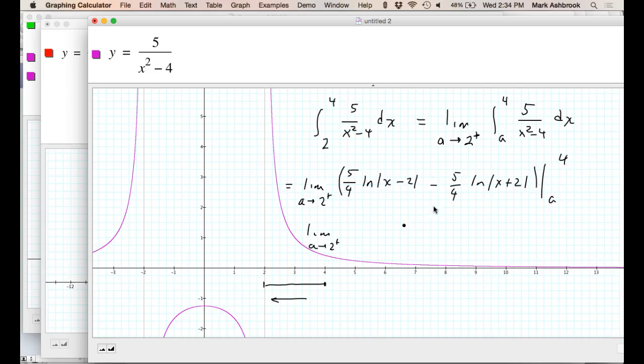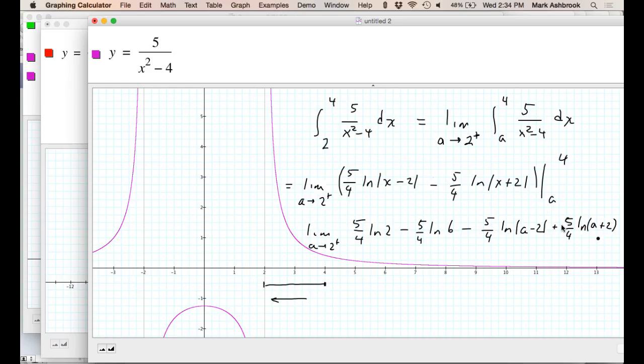So now we're going to evaluate. We're going to have 5/4 natural log of 2 minus 5/4 natural log of 6. That's plugging in the 4s. And then minus 5/4 natural log of a minus 2, plus 5/4 natural log of a plus 2.